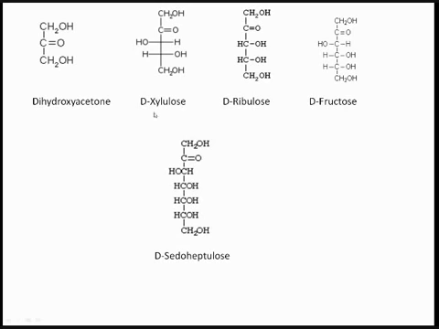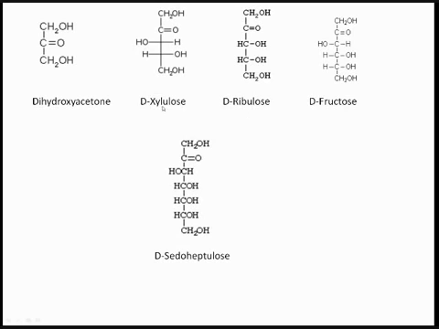This is known as D-xylulose. Because of the last but one carbon, you always have to see it to find out whether it is D or L. If OH is on the right side, you should simply know that it is a D configuration.